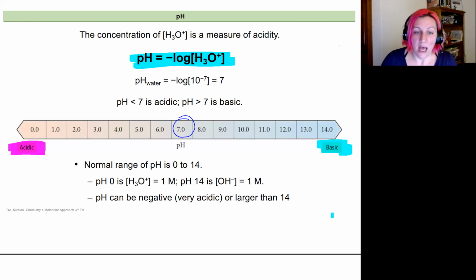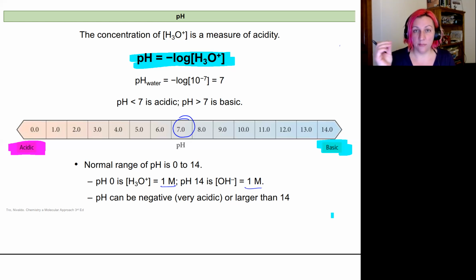And so at a pH of 0, our concentration of hydronium ions is going to be 1 molar. And if it was 2 molar, that's when we would have a negative value. And at a pH of 14, we'll have a hydroxide ion concentration of 1 molar. And again, we could have a higher concentration like 2 molar, but it'd be larger than 14. And so here's our scale.